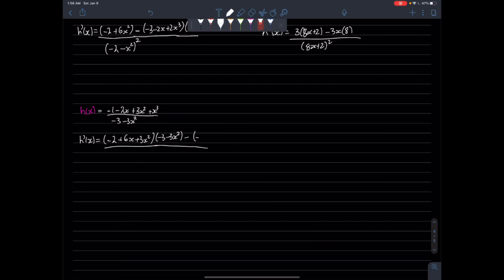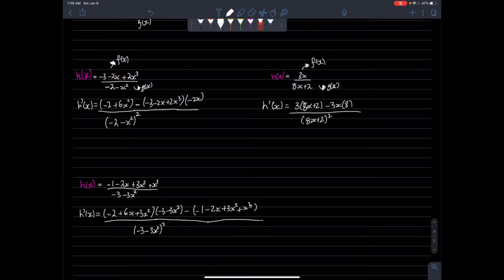Times, now we got to rewrite the top. See, this is what I mean by it could get very messy, right? So if you had to expand these, it would be a lot of work, right? It's already a very long line, so it would get very messy very quickly. So make sure you keep track of your brackets.